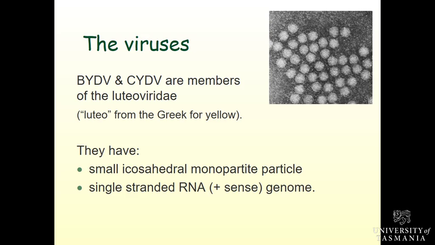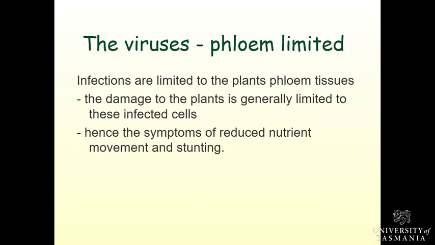They're all little round bubbles, they're all little icosahedra, they're all single-stranded RNA viruses. They are phloem limited, so infection is only in the phloem cells. So that's the phloem and the companion cells, but not the cells beyond that. It has not got the capacity to move into those and replicate in those cells, which is kind of interesting.